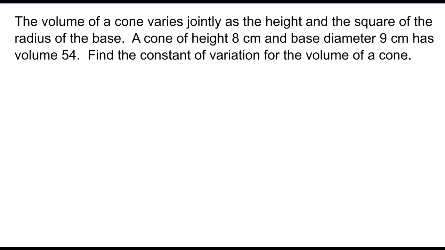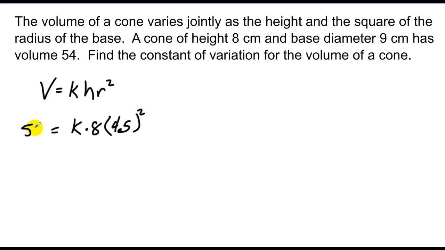Let's just do one more. The volume varies jointly. So here's volume equals K as the height and the square of the radius. So that's r squared. And again, we're just going to find the variation. So the cone has a height of 8, diameter of 9, which means my radius is 4.5 squared, and the volume of 54.